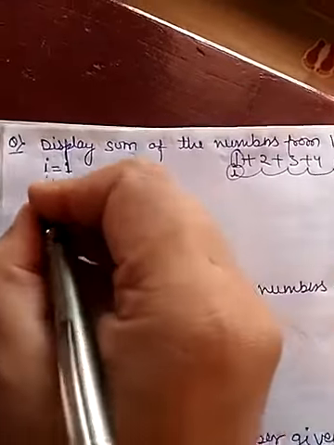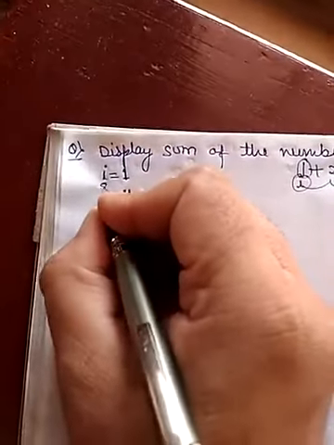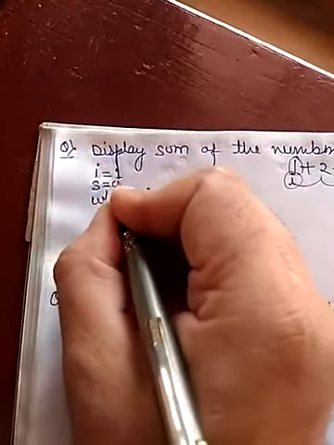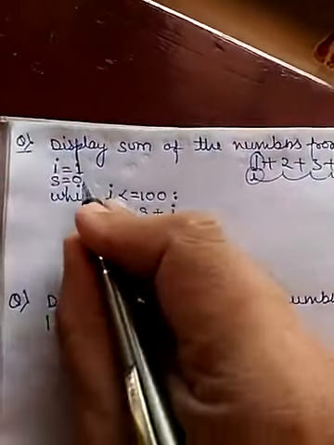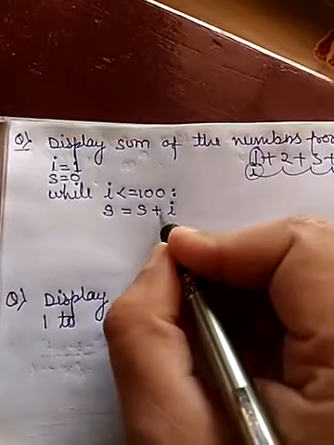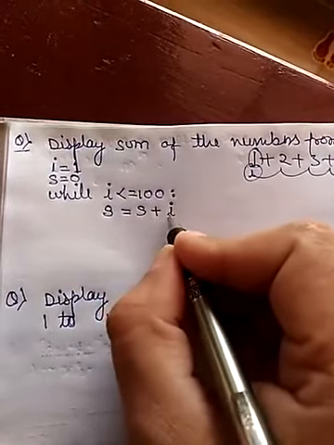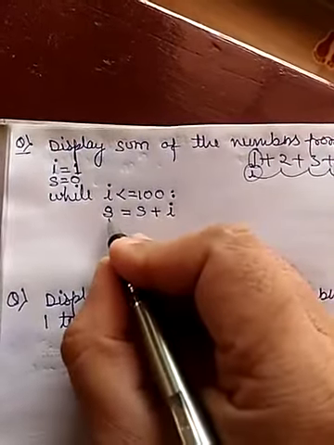The initial value of sum should be 0. So that should be initialized before the starting of the loop, because the first time the value of I, that is 1, is added to 0. So 0 plus 1, 1. Now the sum becomes 1.